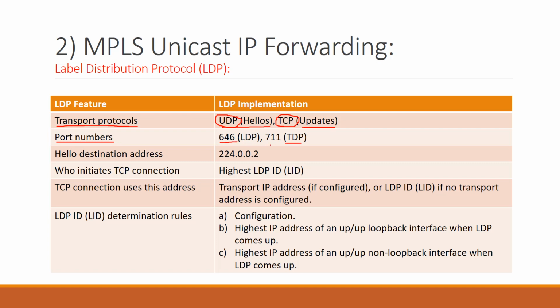If you are using TDP, it will be 711. Usually it will be 646. Most MPLS networks use the label distribution protocol. So for the hello messages, the destination address is the multicast address 224.0.0.2.